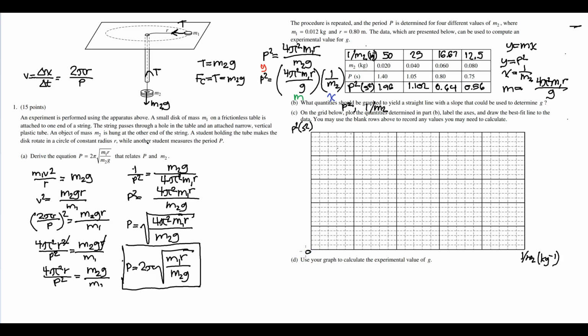So 0, 0.5, 1.0, 1.5, then 2.00. Okay, and you just have to label it.